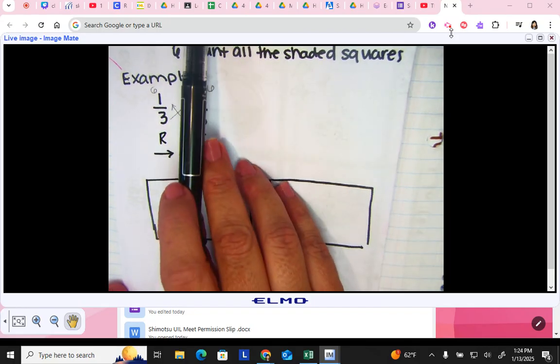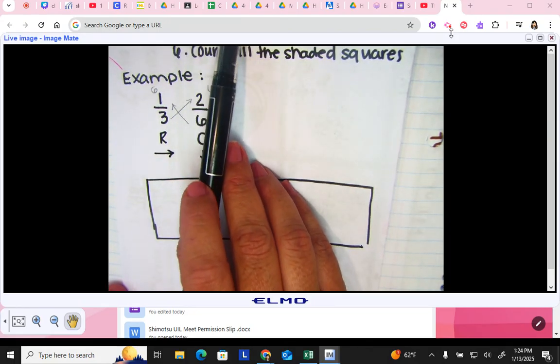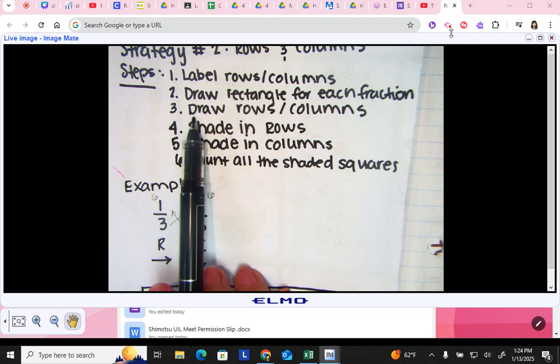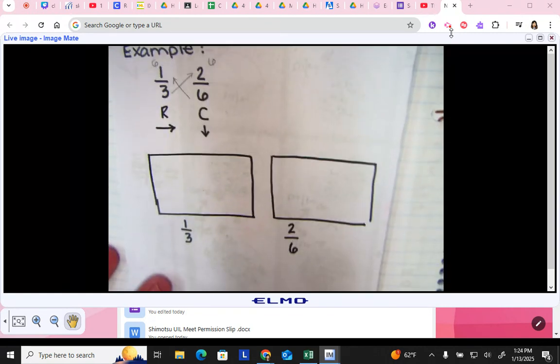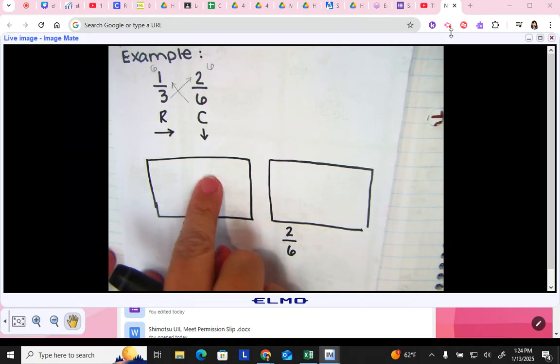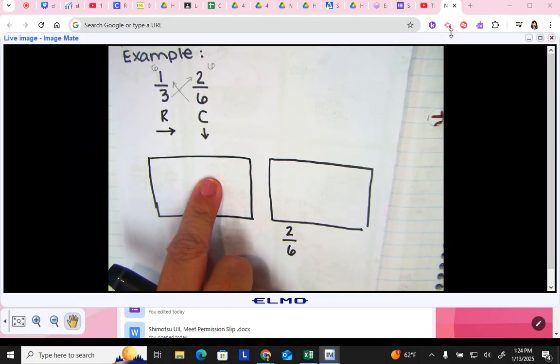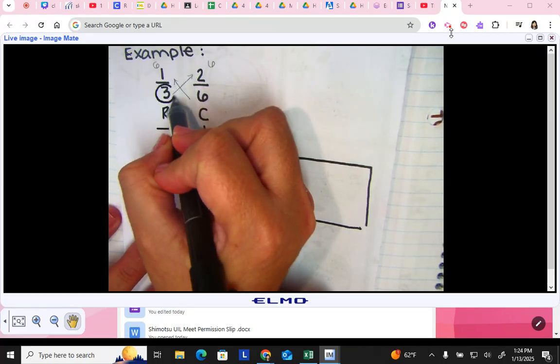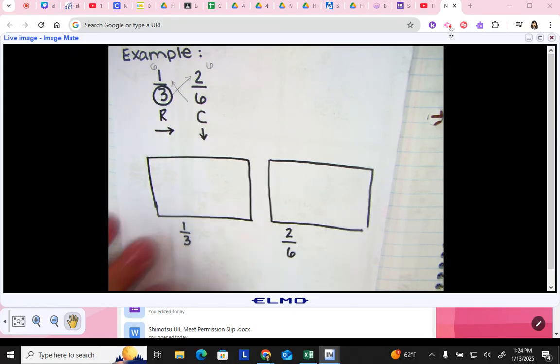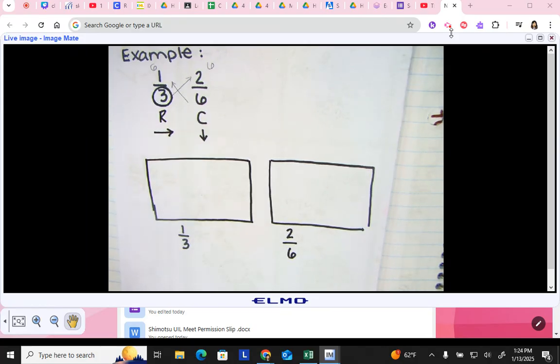Okay. Now I'm going to draw my rows and columns. That's step number 3. For each rectangle, I'm going to draw how many rows and how many columns. Remember, the numerator names the number of the chosen ones.